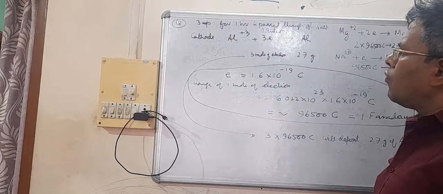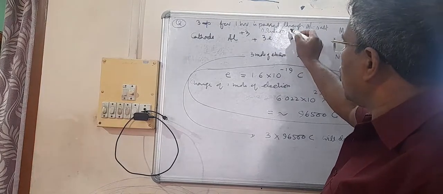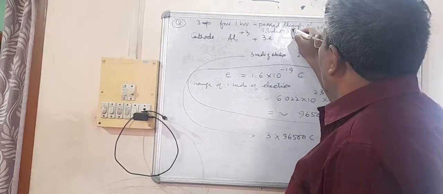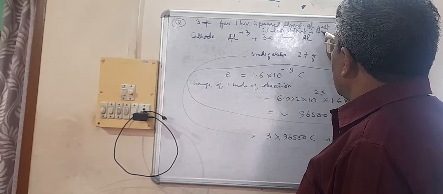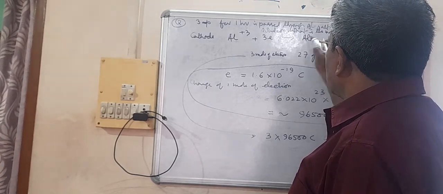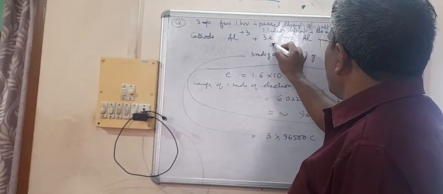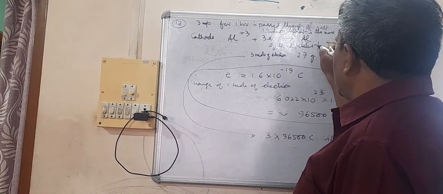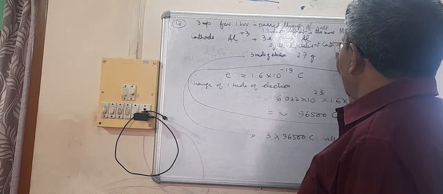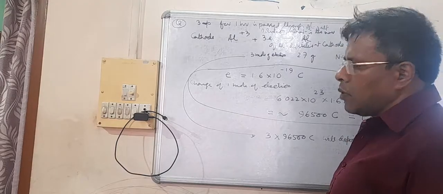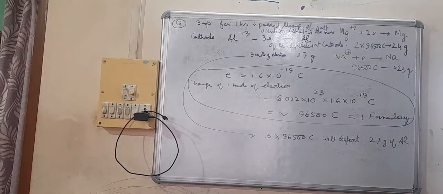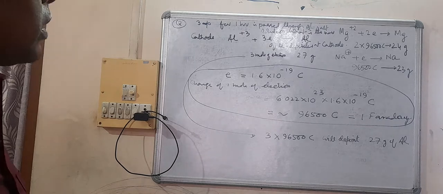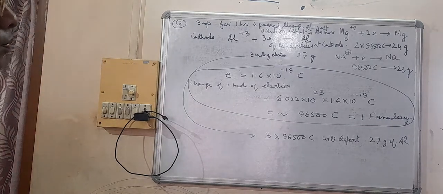What is the mass of aluminum deposited at cathode? So the question is, a 3 ampere current for 1 hour is passed through aluminum salt solution. What is the mass of aluminum deposited at cathode?